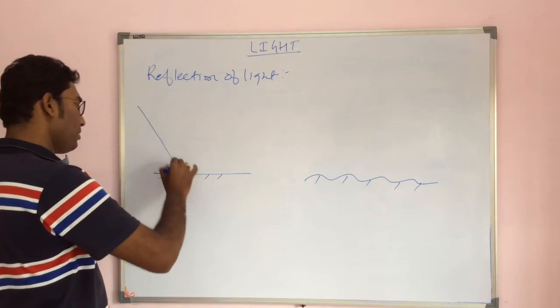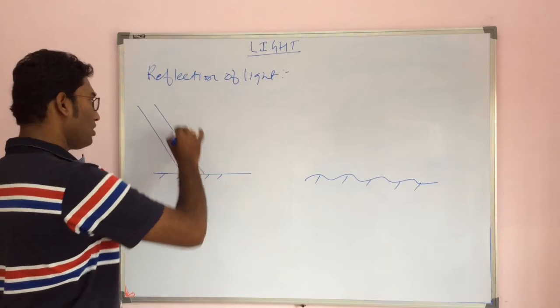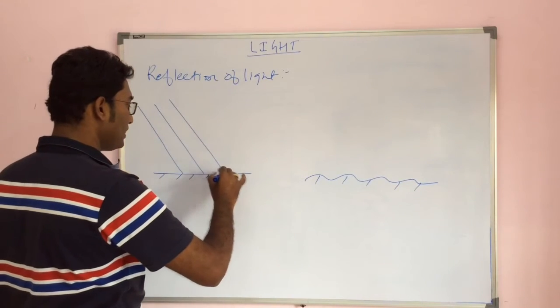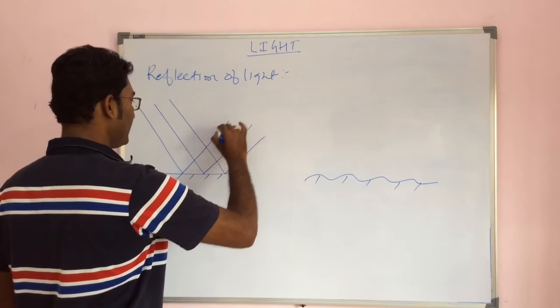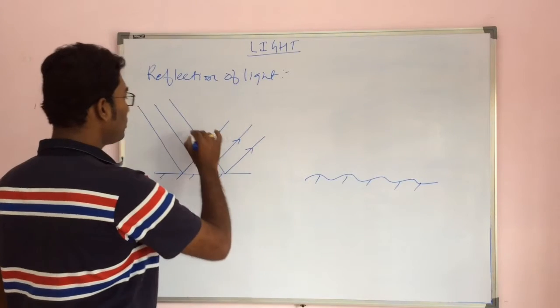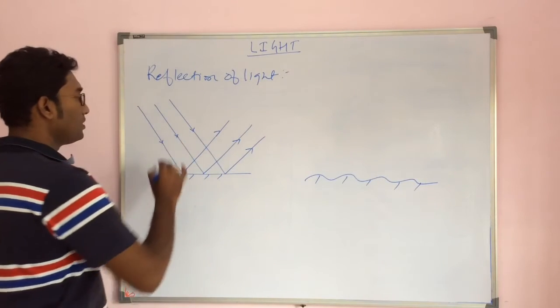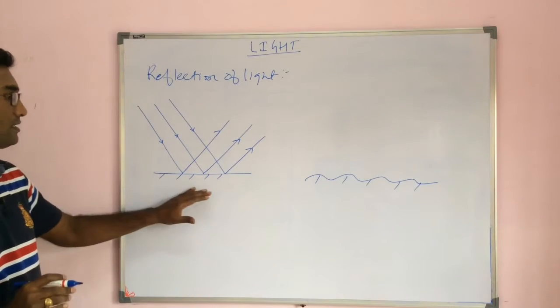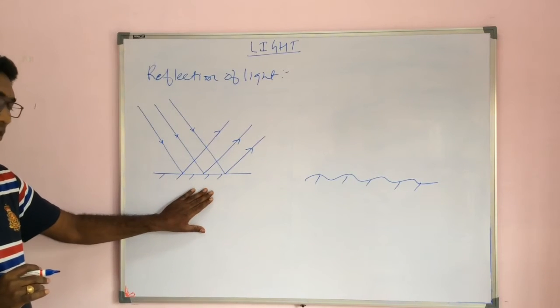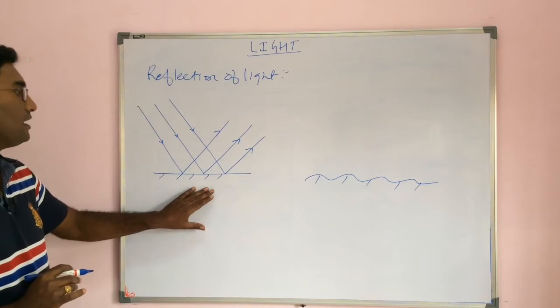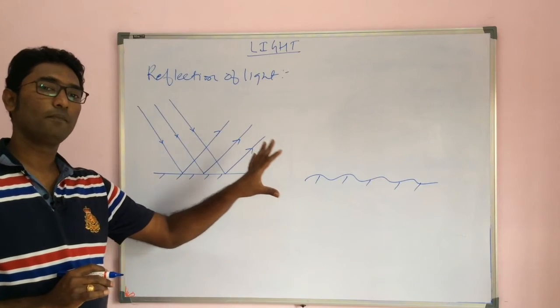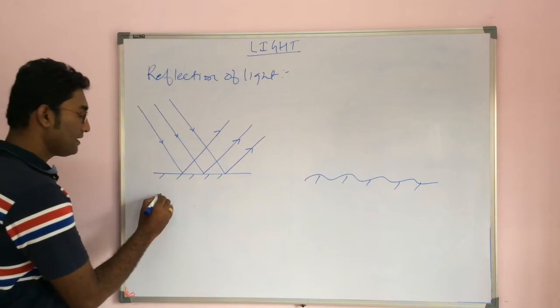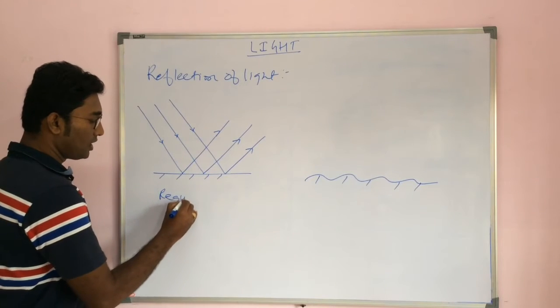If a parallel beam of light is incident on a regular or plane surface, then all the light rays which are reflected are also traveling parallel to each other, and this is an example of regular reflection.